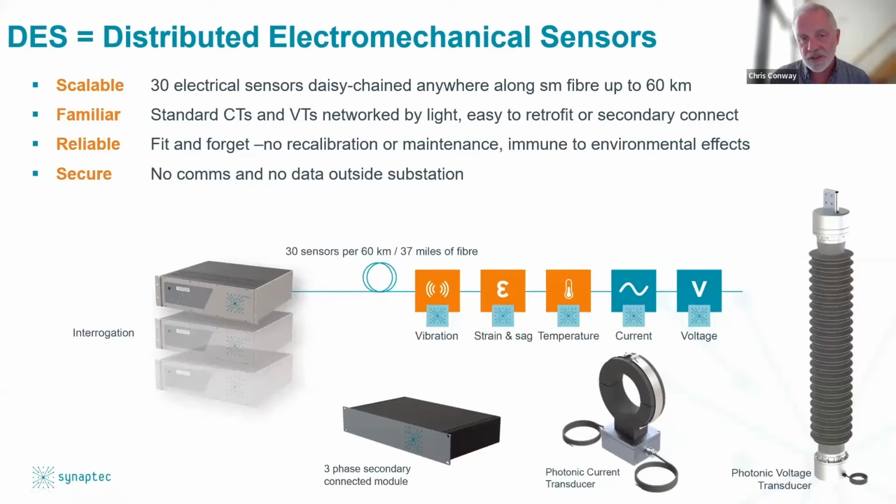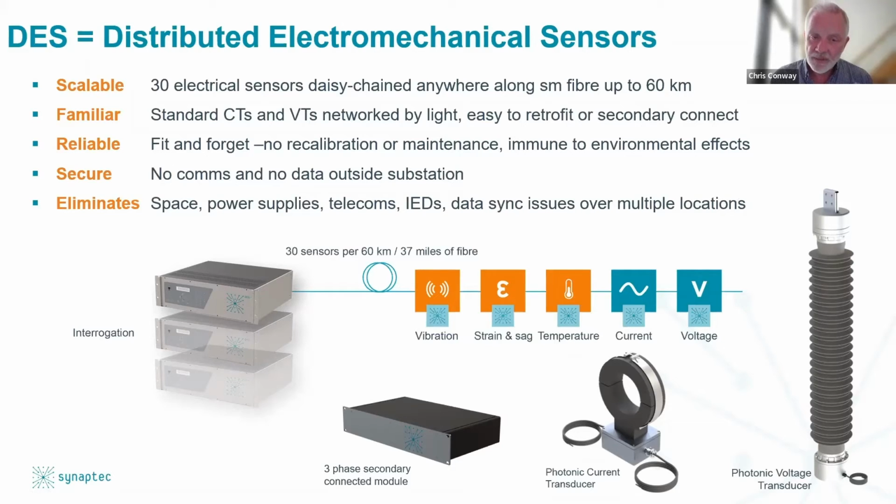It's secure, as there's no effective data here, because what we're picking up from each sensor is a light signal that's bounced back to the interrogation system, which processes that data. By the nature of the sensors themselves, there's a lot of cost saving in terms of any additional remote hardware required for telecommunications, power supplies, IEDs, or data syncing issues across multiple locations.